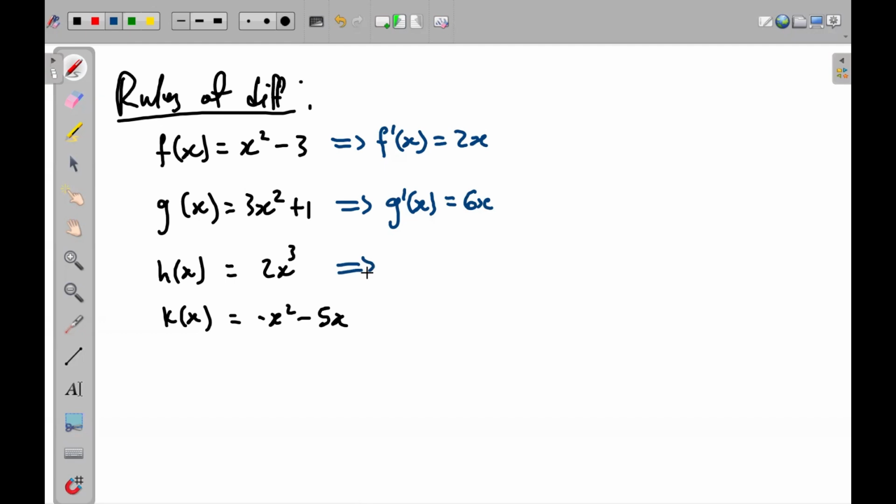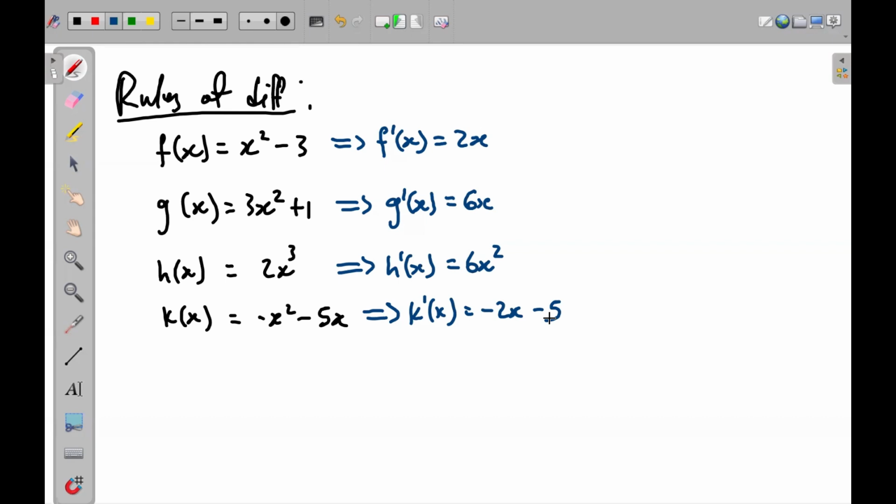Whereas this one here would mean the first derivative is 6x squared. Then finally, this one here would mean the first derivative is negative 2x minus 5. Now, some of you may have done this already before and would have possibly figured out the pattern and all that.